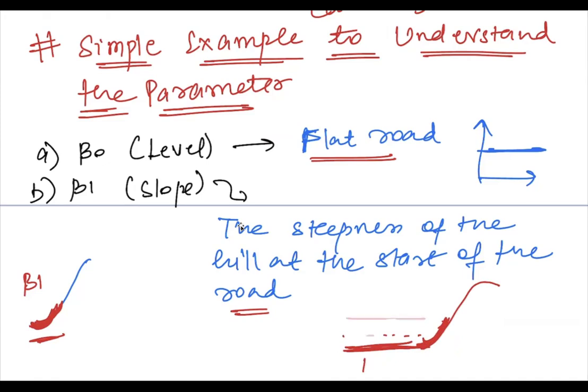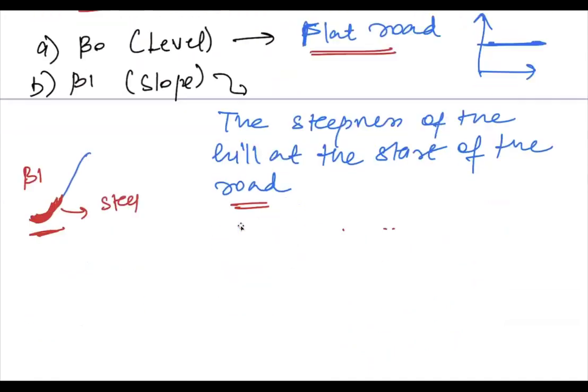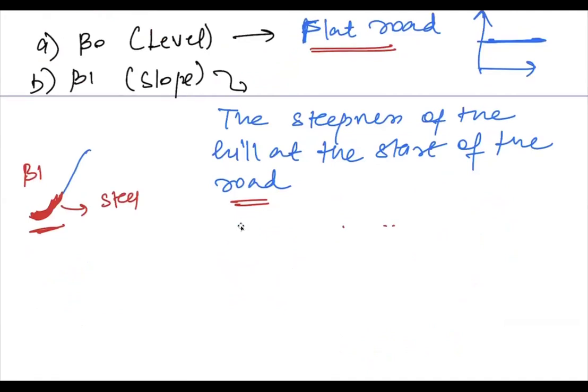Beta 1 is basically the steepness of the yield curve at the start, or at the shorter end of the maturities. So this is the steepness of the yield curve. This is beta 1.